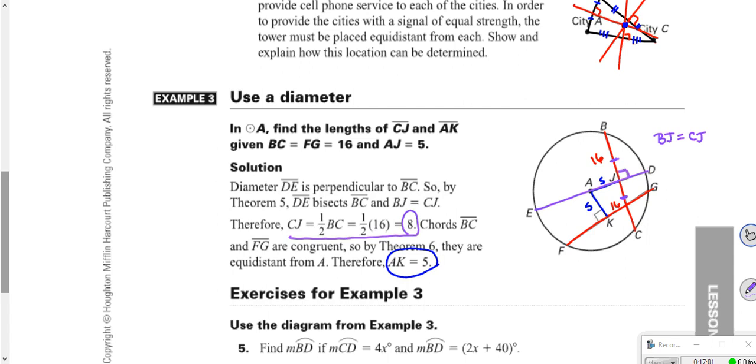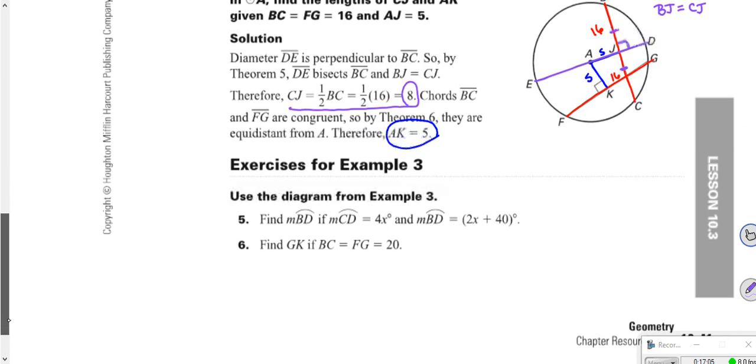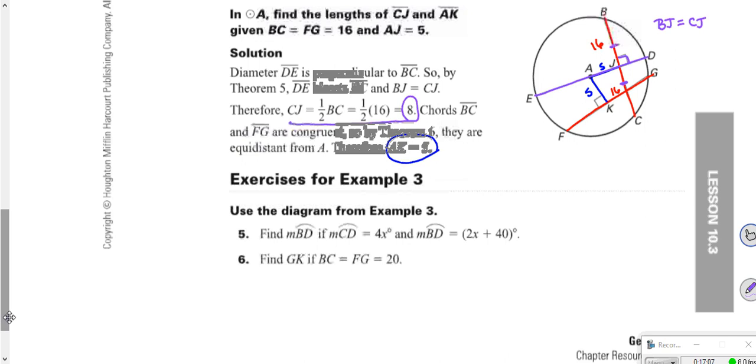All right, now let's do some more exercises below it. We're supposed to use the diagram now from example 3, right above it. So measure of arc BD. First of all, I'm going to erase this so we can add more to it here. Find the measure of arc BD if CD equals 4x.